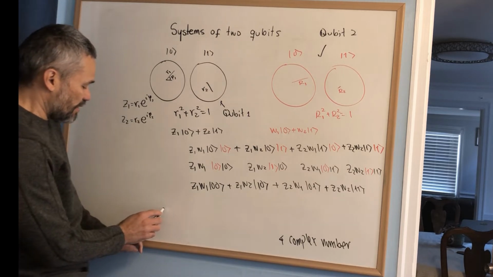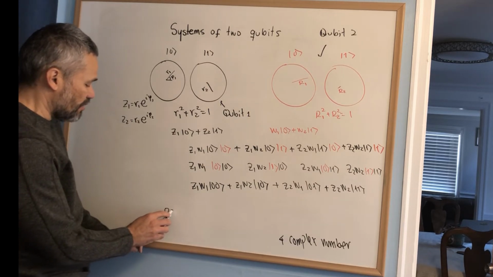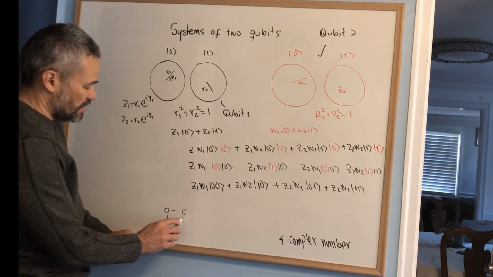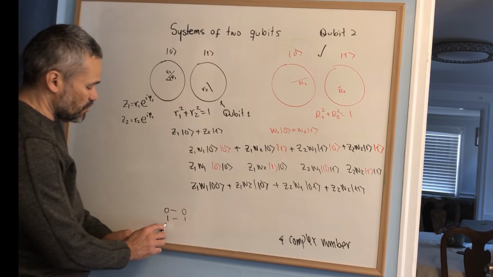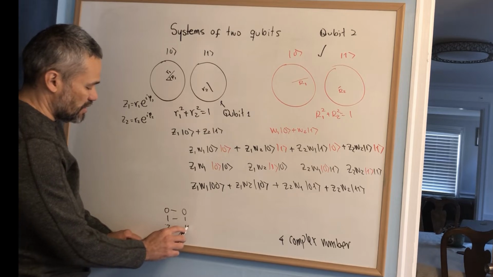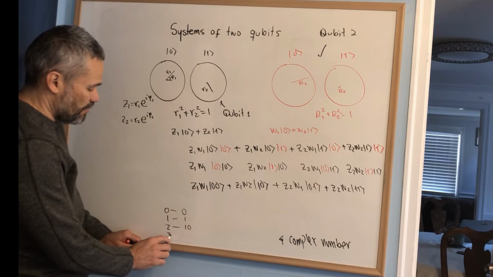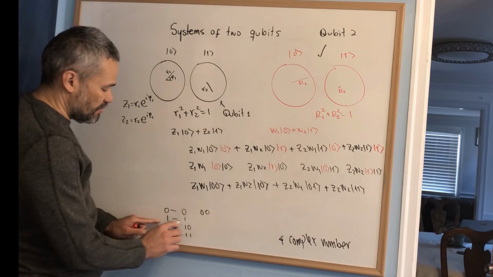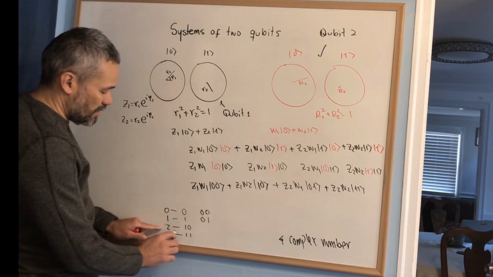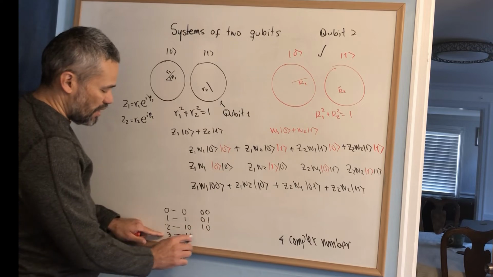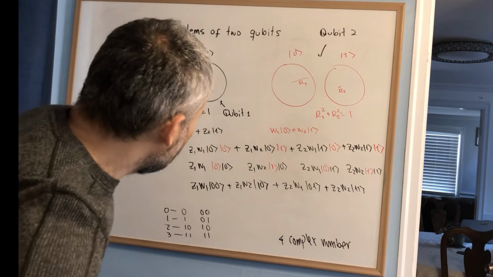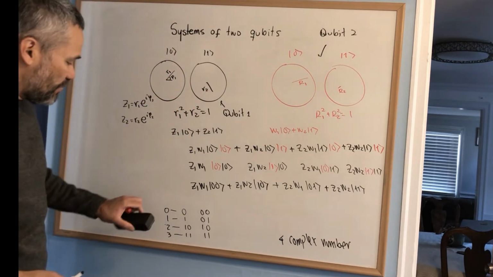Remember that in binary numbers 0 can be written as 0, 1 is just 1, 2 is this binary number, and 3 is this binary number, but I can write 0 as 0 0, 1 as 0 1, 2 as 1 0, and 3 as 1 1. This is just how to write using binary numbers.